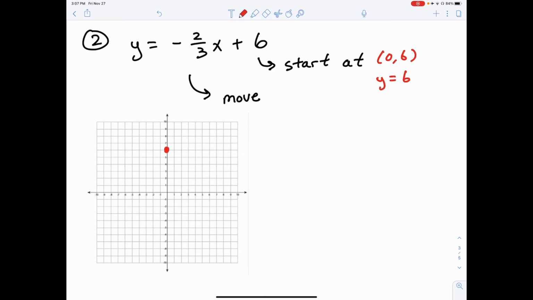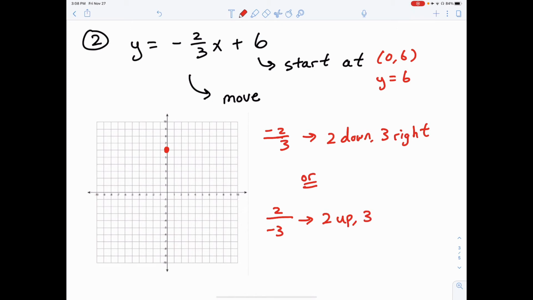So for example, we can do -2 over 3, where we put the negative on the top this time. Then this tells us to go 2 down, 3 right. If we reverse it, we can go 2 over -3. This will tell us to go 2 up, 3 left.